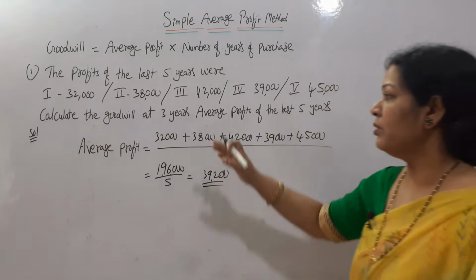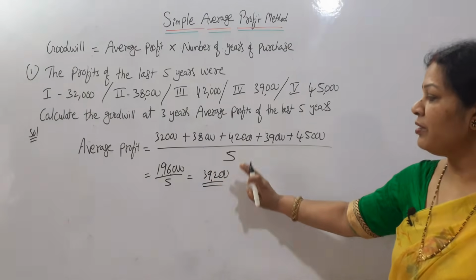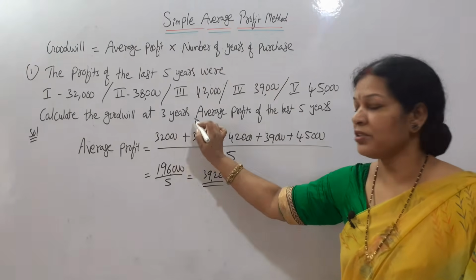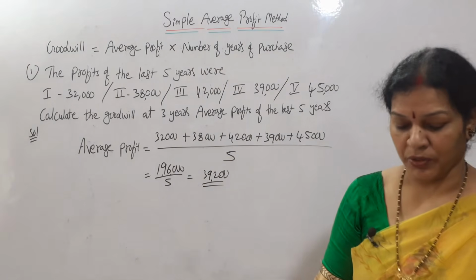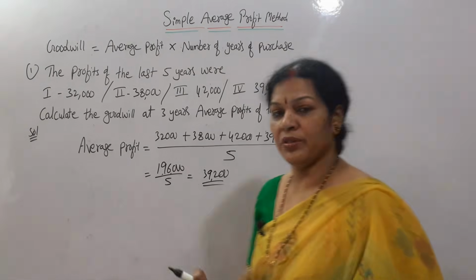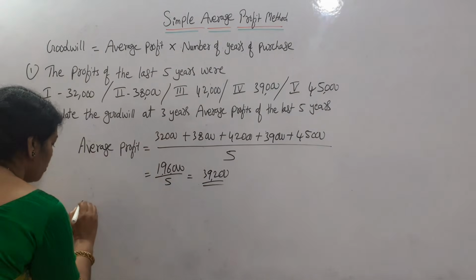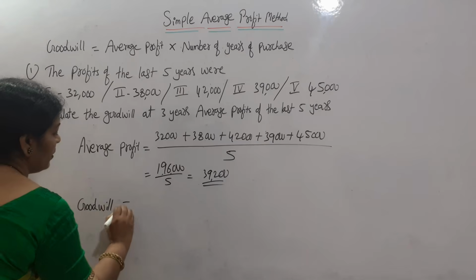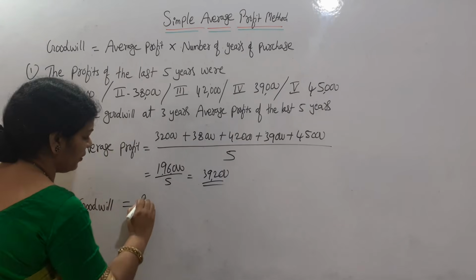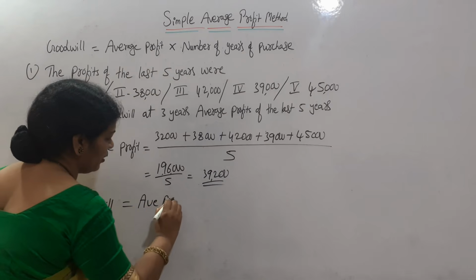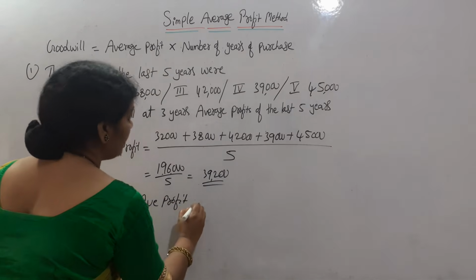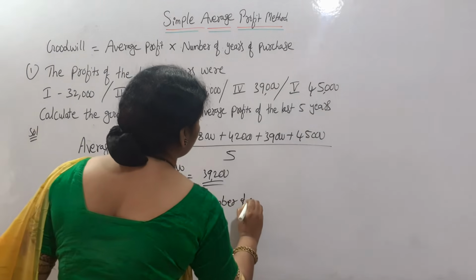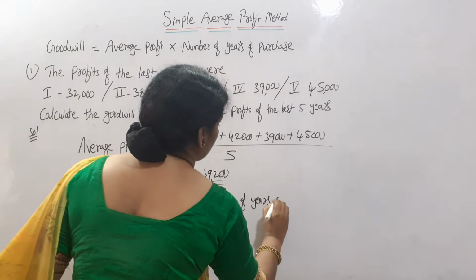Now step number 2, we take the formula, because the average profit we got. The number of years purchased is given as 3 years, so that will apply in the formula. Goodwill is equal to average profit into number of years of purchase.